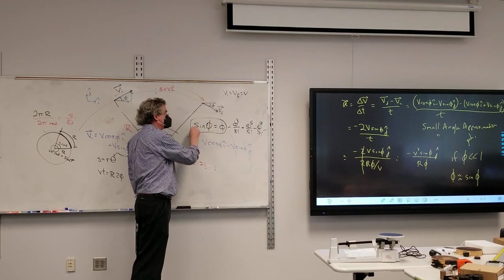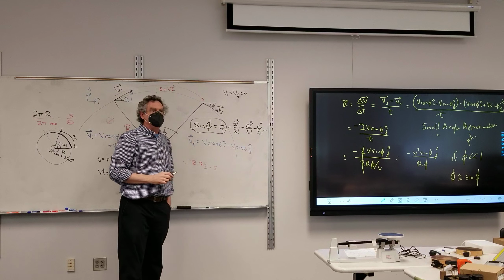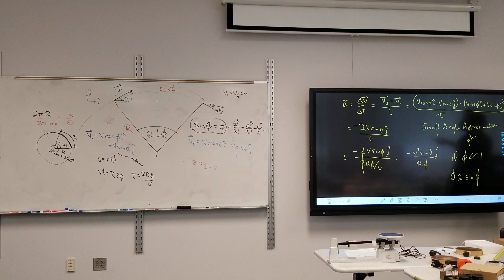If phi is small enough, these are approximately equal. So later on when you see that, you can say, I've done that for years.